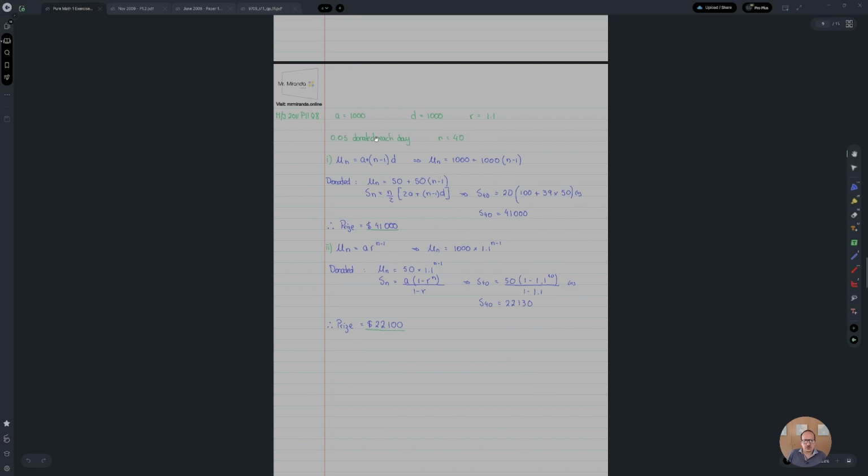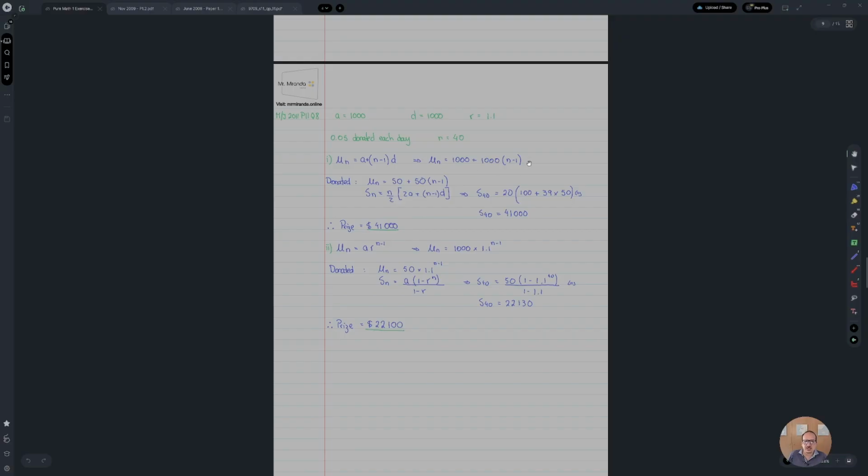What does this mean? Let's look at the first one, the arithmetic progression, Model 1 first. You know that n is 40. You are calculating the whole thing after 40 days. If you apply the formula for the nth term of an arithmetic progression, this is it for the prize money, not what you want.